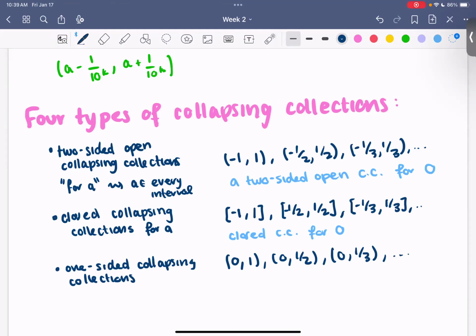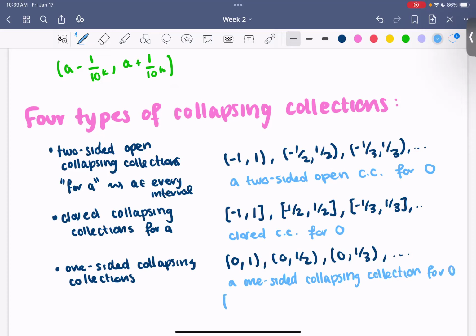So this is a one-sided collapsing collection for 0.